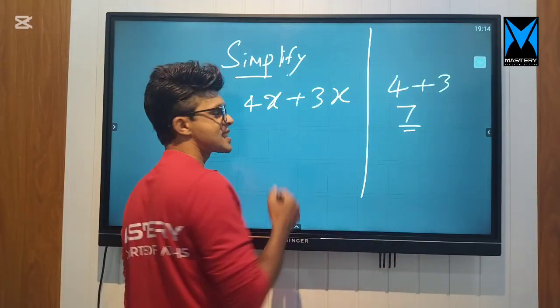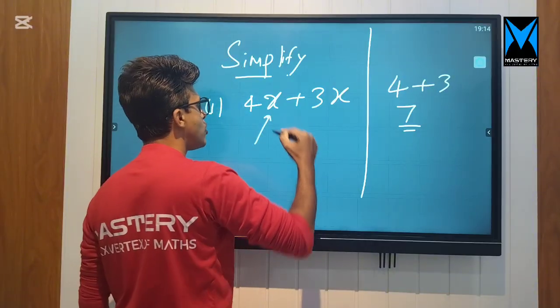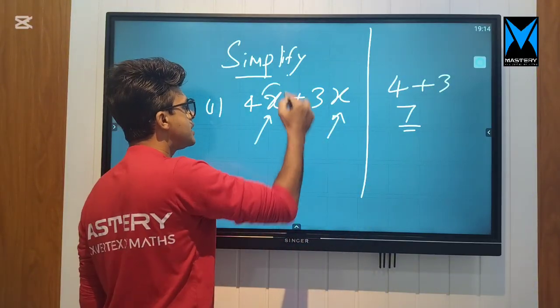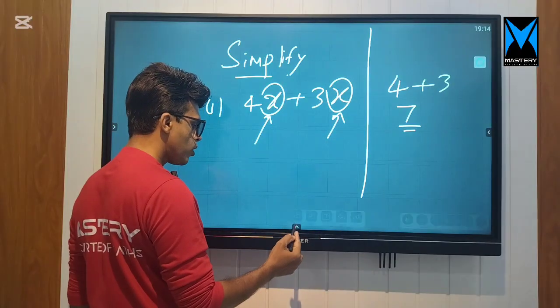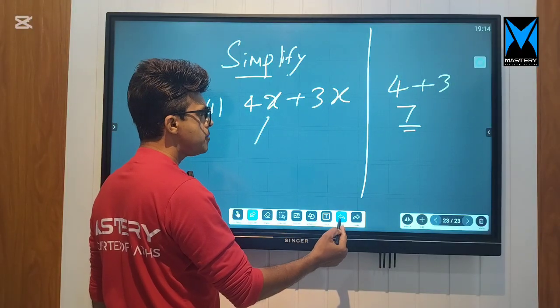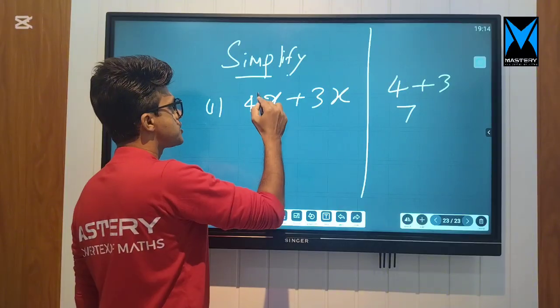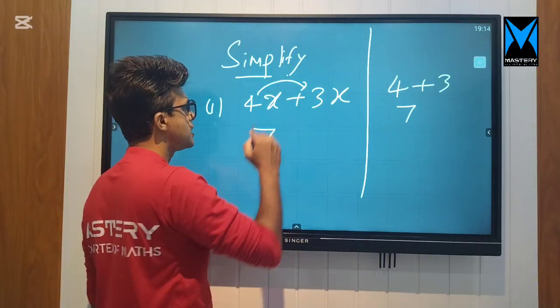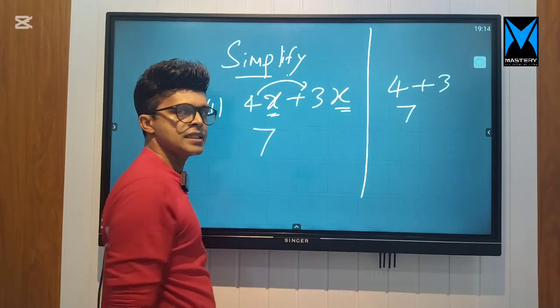So if it is given as 4x and 3x, don't forget, here it is x. Because of that, you are able to add. First of all, you add these two digits, 4 plus 3 is 7, and after that this x.